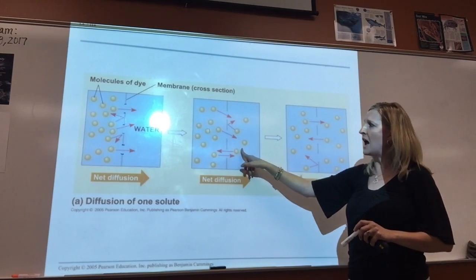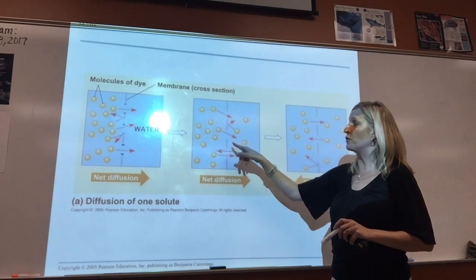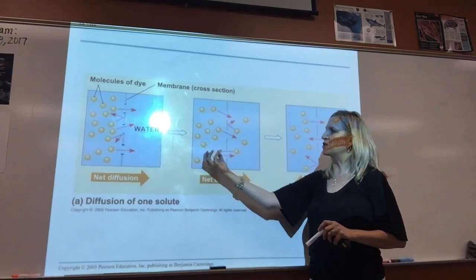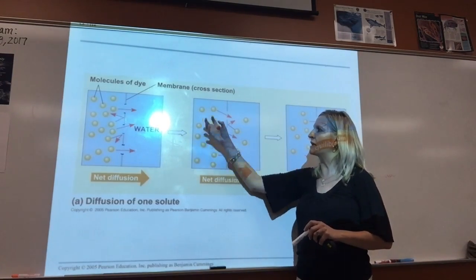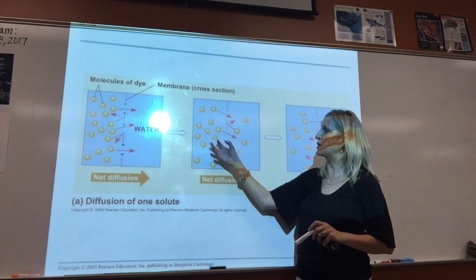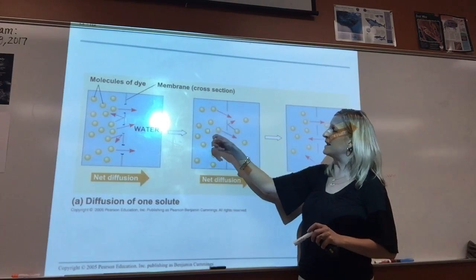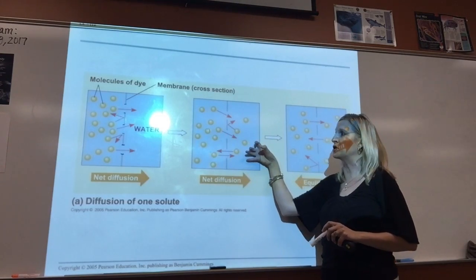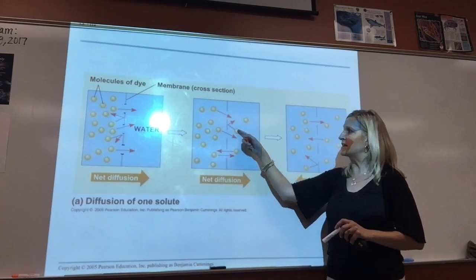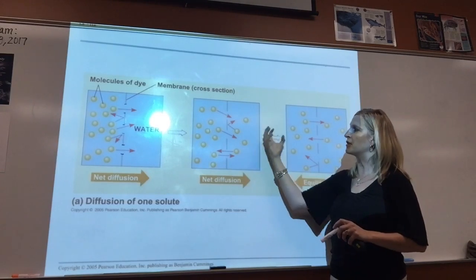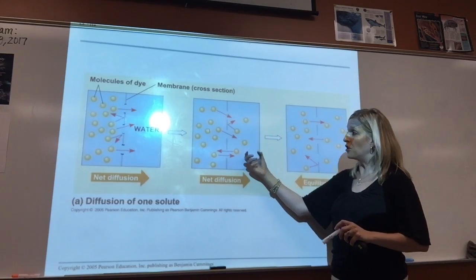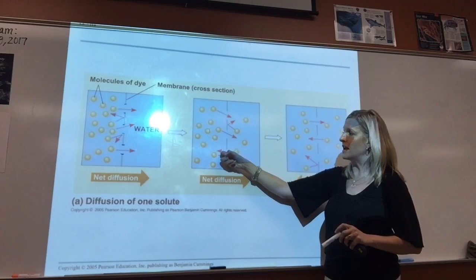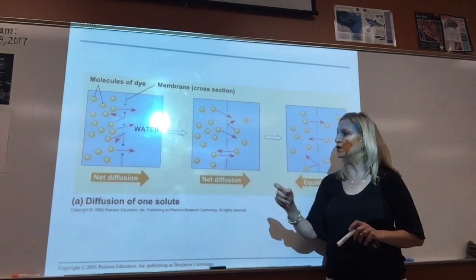The molecules of dye are moving on both sides, but the higher concentration is over here. So these dye molecules, since there's a higher concentration of them, have a greater rate and a greater chance of then one of them hitting the pores and going over to the right-hand side. These guys here, there's a lower concentration of them. They're still bouncing around. They could, like this one here, hit the pore and move over to the left.